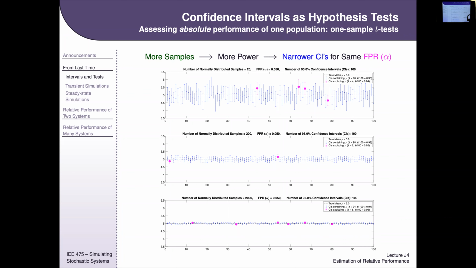But regardless of how many samples I run per experiment, if I run 100 experiments, roughly 5% of them don't include the mean that I'm actually trying to estimate. So 95% of them roughly capture the true mean, but 5% don't.